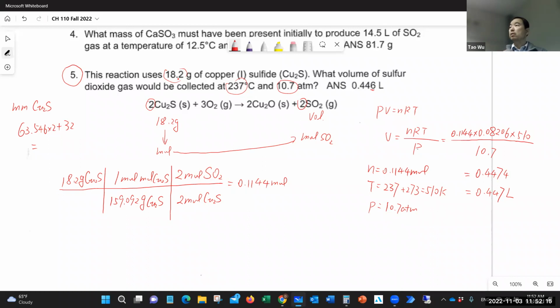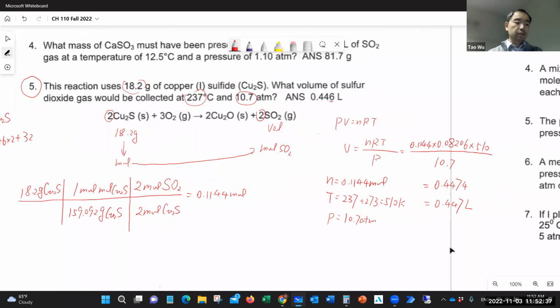For a solid mass, you have to use mass over molar mass, and you got the mole. So there are 3 different ways to find a mole, and then using the mole, you apply that to the chemical reaction to find the moles of other stuff. That's it. So that is the major thing we talked about today for the gas stoichiometry.